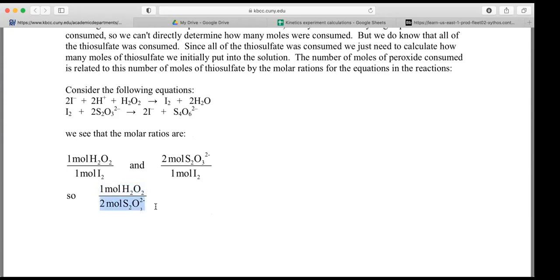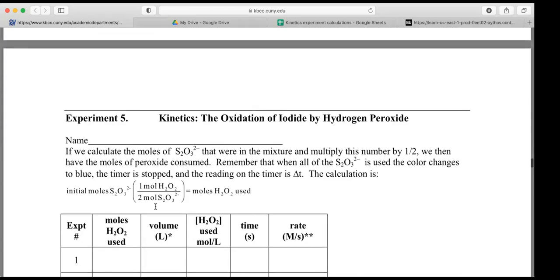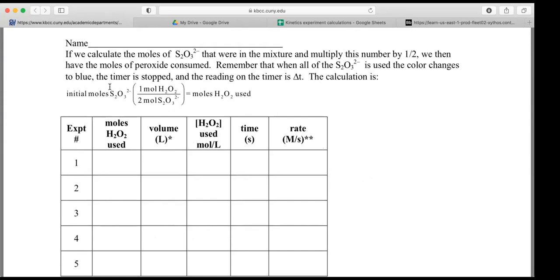It's a 1-to-2 ratio. So to find the moles of H2O2, you take the initial moles of S2O3, thiosulfate, and multiply by half, and that will give you the moles of H2O2.